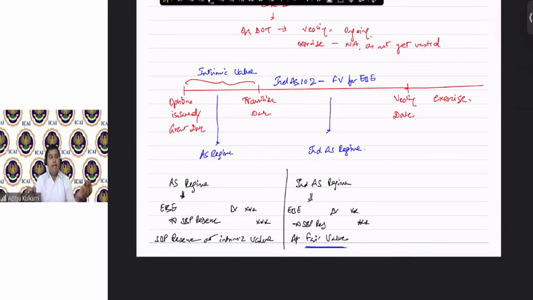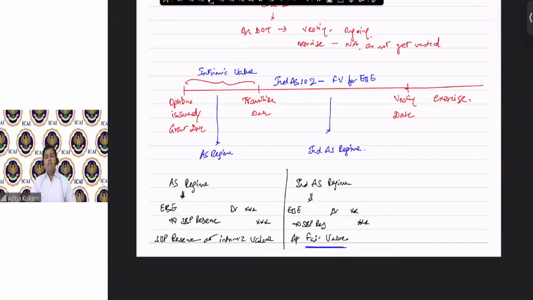You have to mandatorily find out the fair value on the grant date, restate your SBP reserve, and after you restate it, you will take the entry on the transition date, and in the future, you will recognize the employee benefit expenses based on the fair value as on the grant date, which you had calculated for the purposes of transition.